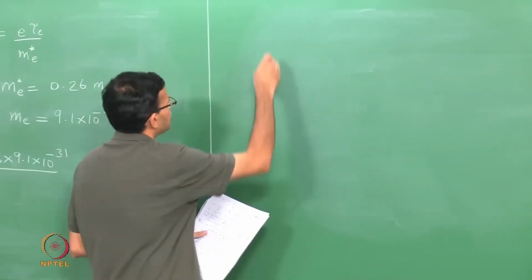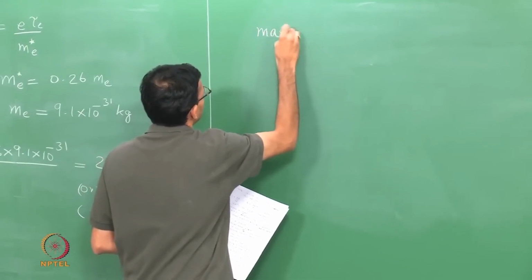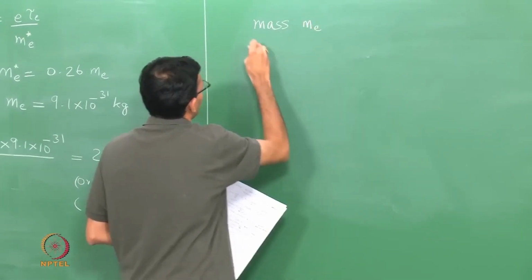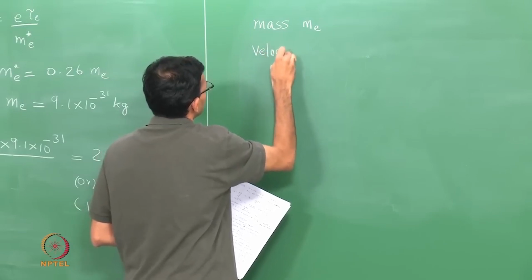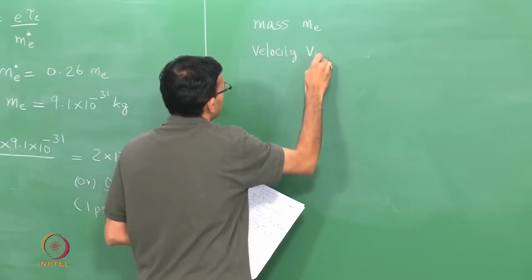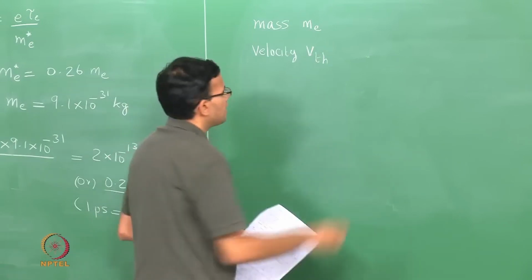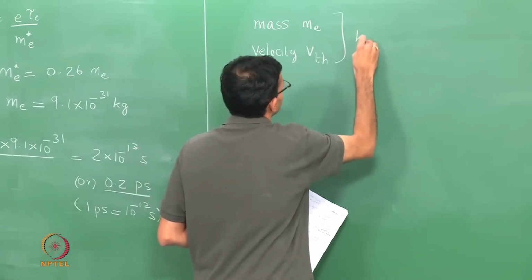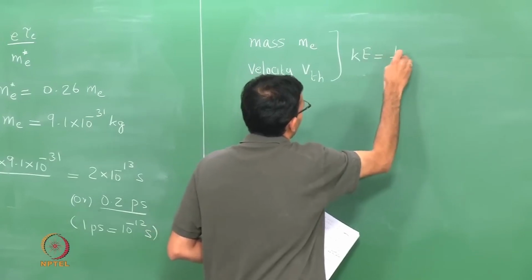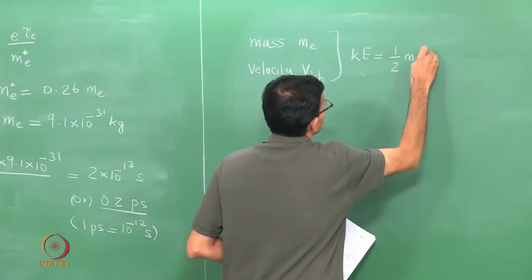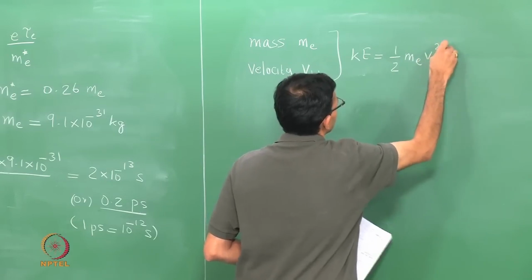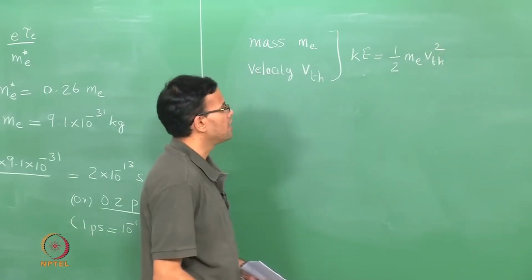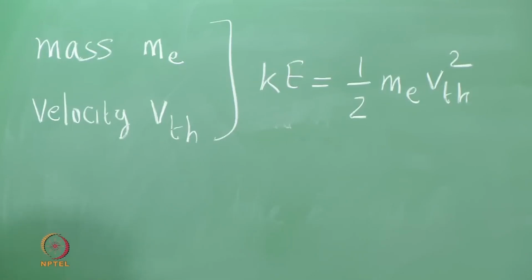If we look at an electron with a mass given by me and velocity given by Vth, then the kinetic energy is nothing but 1/2 m v square. This is the kinetic energy of an electron. In case of most solids, you can say that the kinetic energy is approximately equal to the thermal energy.